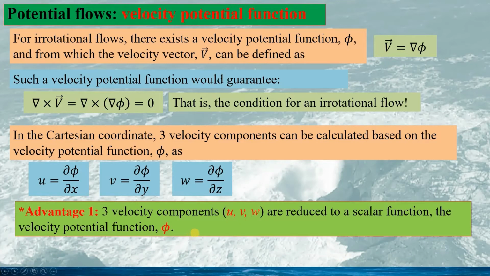Thus, we can see the first advantage for irrotational flows: since three velocity components u, v, and w are reduced to a single scalar function, the velocity potential function phi.